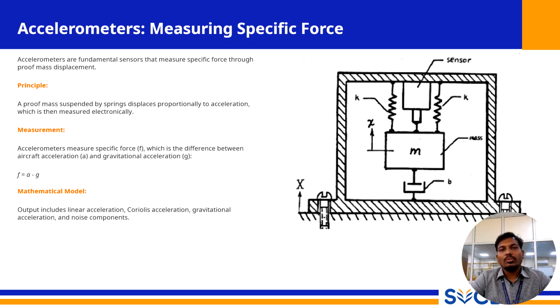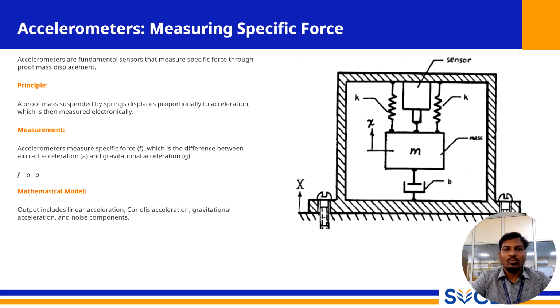As the diagram illustrates, an accelerometer can be conceptually modeled as a proof mass suspended by a spring. When the sensor casing accelerates, the internal mass, due to its inertia, tends to lag behind. This movement displaces the mass in proportion to the acceleration.